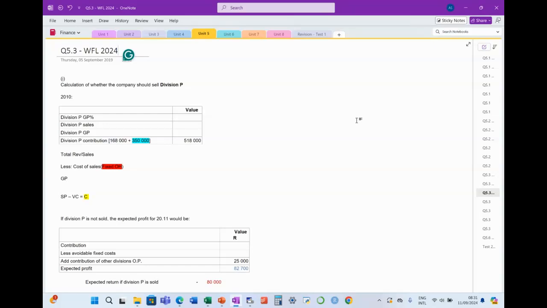Now we're looking at should we sell a whole division or keep it, again showing you the relevance of relevant cost. It's all about whether it is more profitable to keep this business activity or forego it, or look at another alternative.